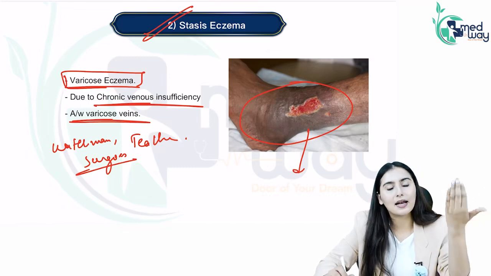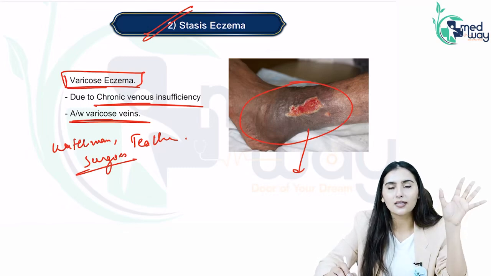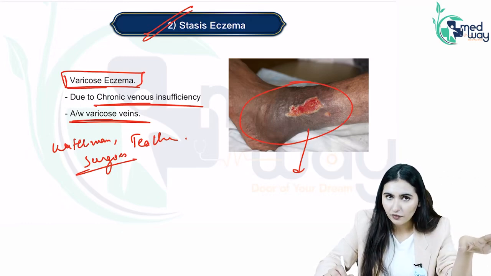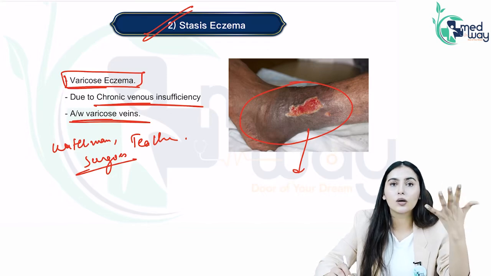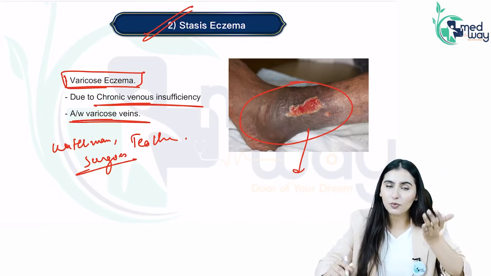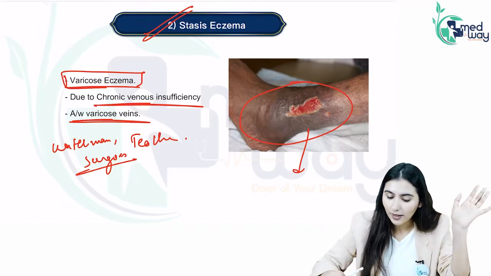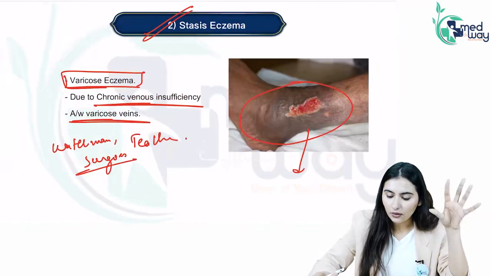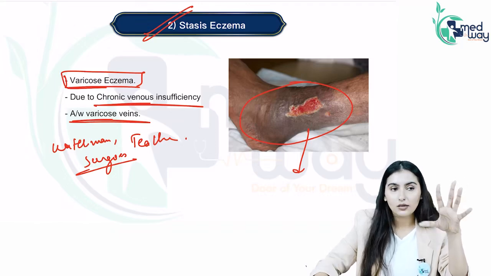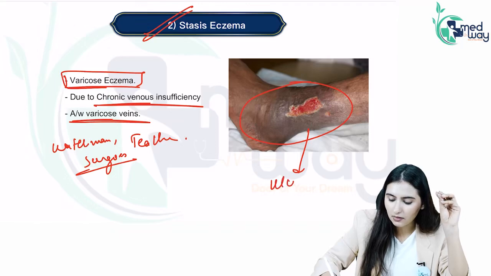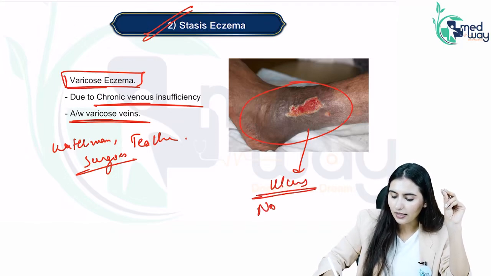Stasis eczema is an endogenous eczema. Say, suppose, keep this person as a watchman who's standing for a very long amount of time. After standing, a lot of blood was pooling in the limbs, because of which the veins give way and they developed varicose veins, okay? So here, because of the varicose veins, there's a lot of pooling of blood, and because of venous insufficiency, they develop ulcers, and these ulcers are usually non-healing.